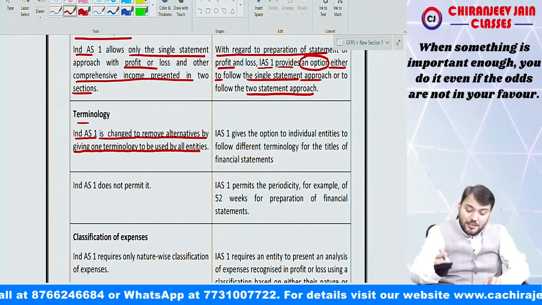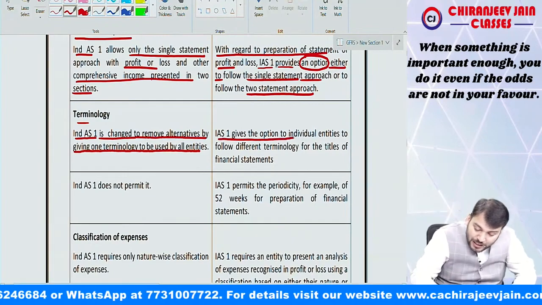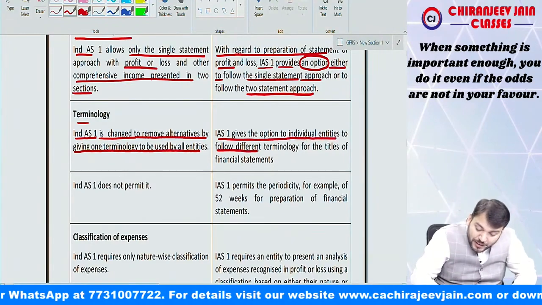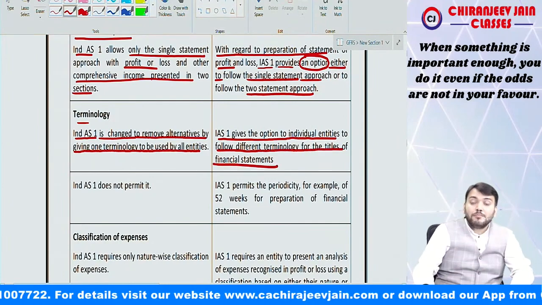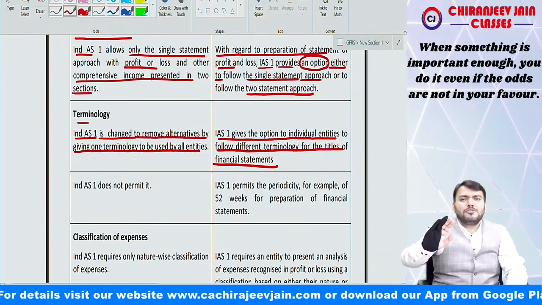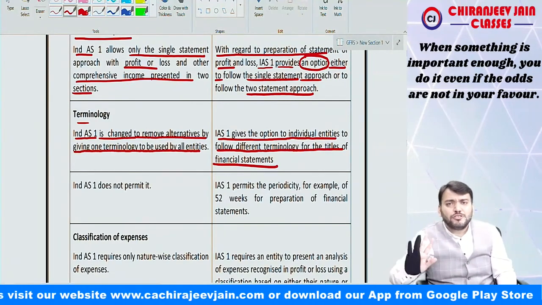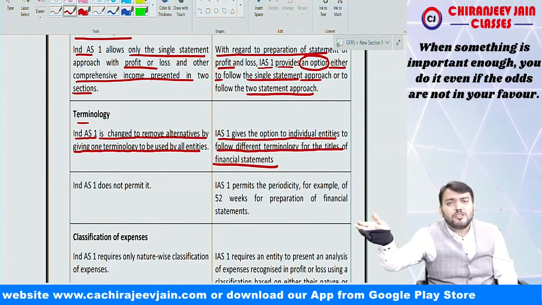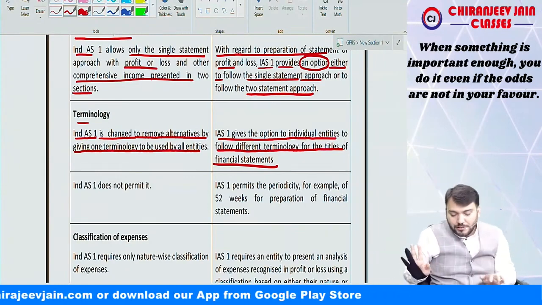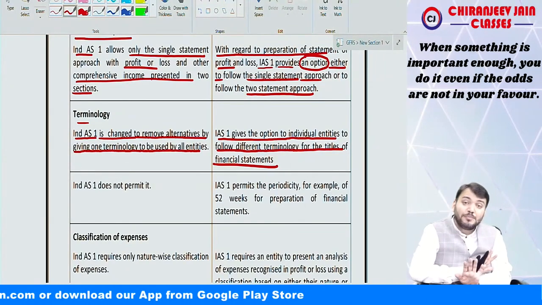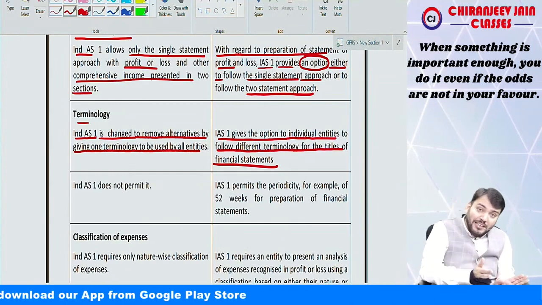I hope you're understanding. But IAS 1 gives the option to the individual entity to follow different terminology for the titles of financial statements. IAS 1 says that you can either use statement of financial position or use any other terminology for that statement of financial position. Correct? Understood? Yes, sir. But this has been removed from Indian accounting standards.